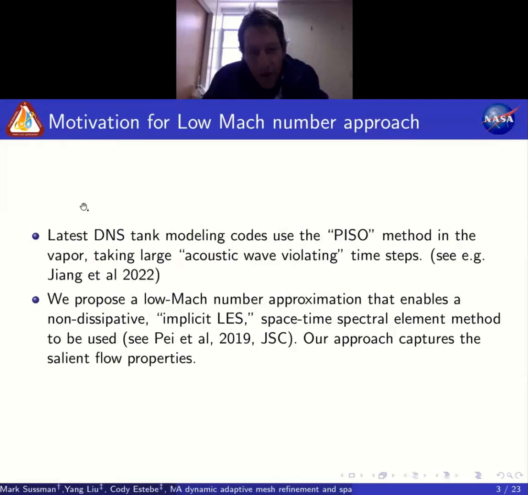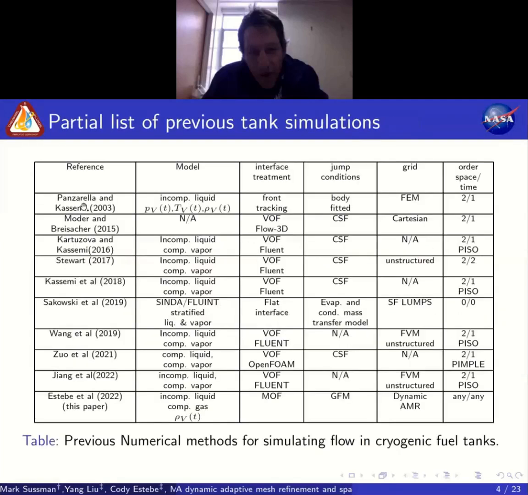I list some of the previous work in this field for simulating the tank with a direct numerical simulation. Most of the previous work, right up to 2022, used Fluent or related software, and they use time stepping.